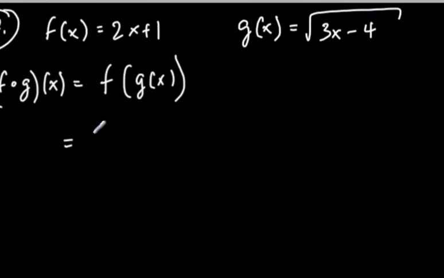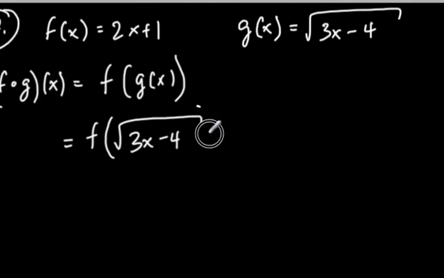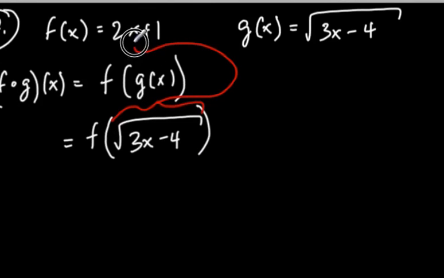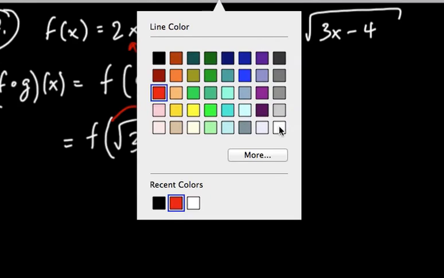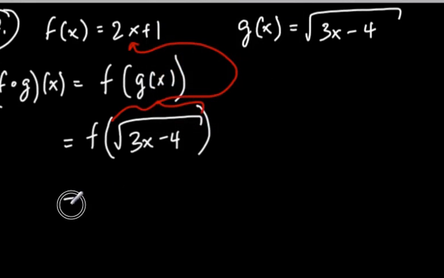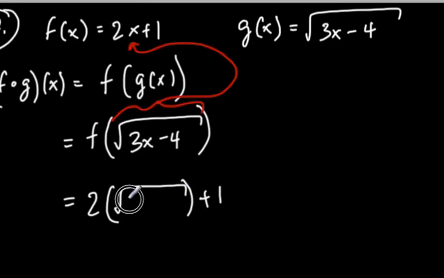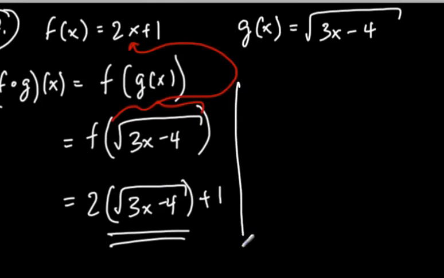So g of x is 3x minus 4. And remember, all we're doing is we're taking this, plugging it right into that x over there. So that's equal to 2 times something plus 1, and that something is 3x minus 4. And you can just leave it like that because you can't really simplify that anymore.